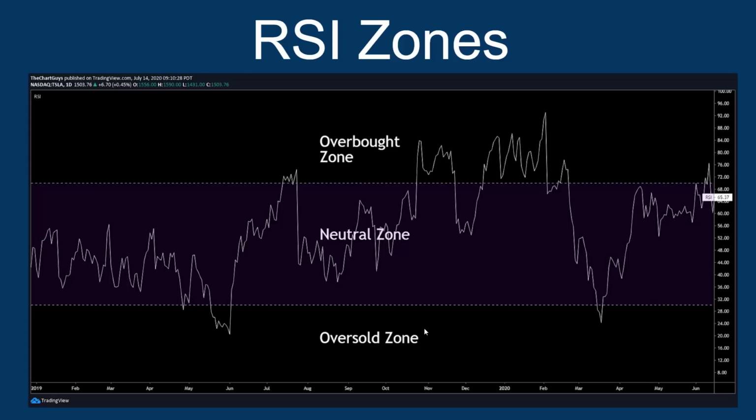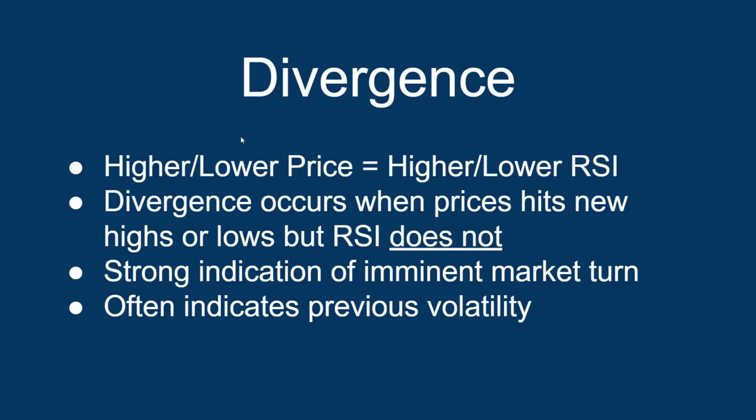So let's go back to our chart here. If our prices are climbing higher and higher and higher, and the RSI is setting lower and lower highs, that would be divergence. So it's a strong indication that the market, which may be seeing significant gains, seeing a lot of strength, but the RSI isn't following, that can indicate that there's an imminent market turn that's going to happen.